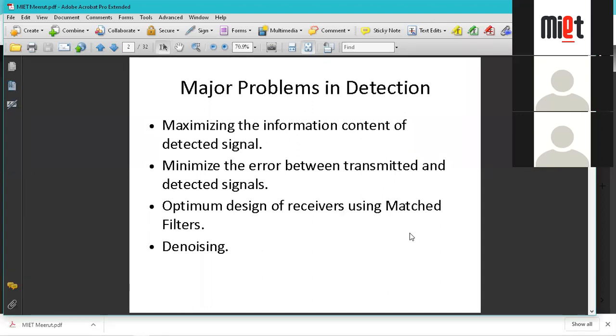Similarly, because I am trying to raise questions, the second question is about the signal transmitted, where there is always an objective that we need to minimize the error.